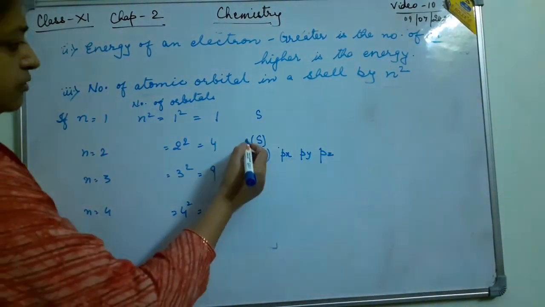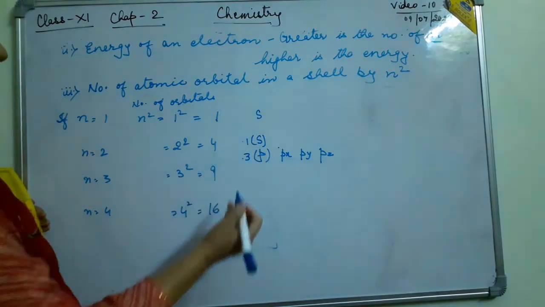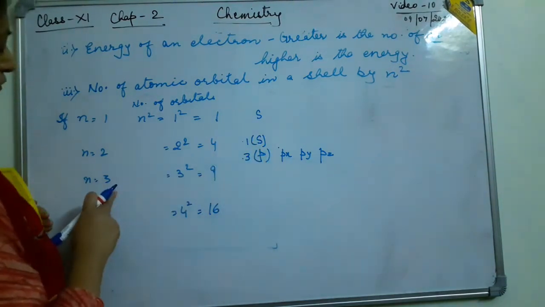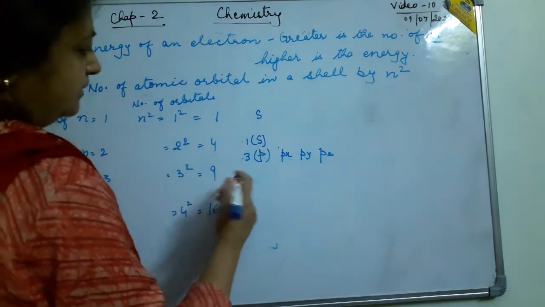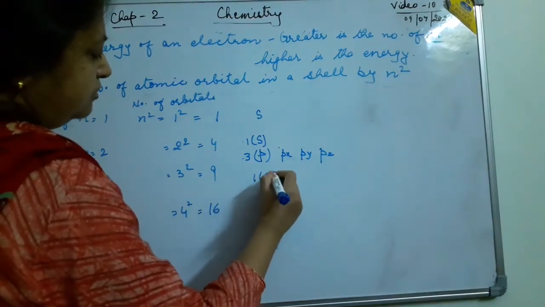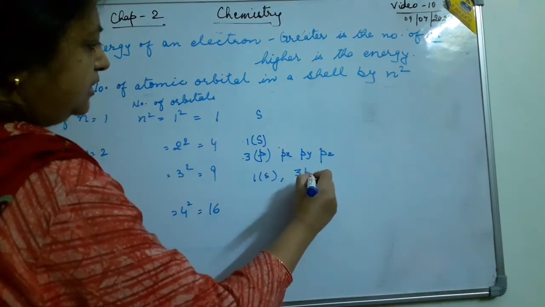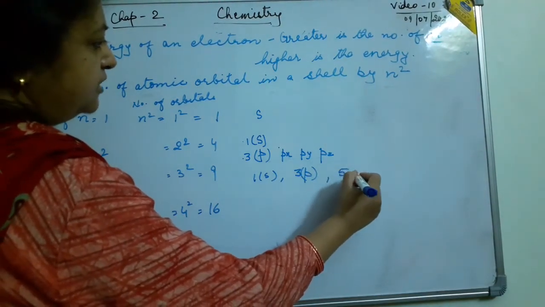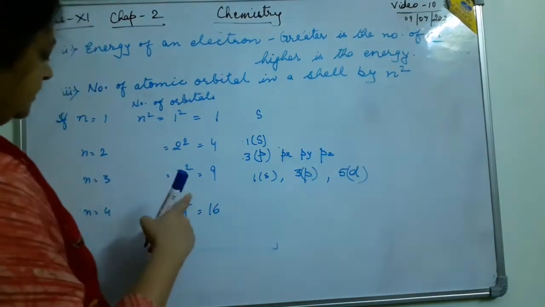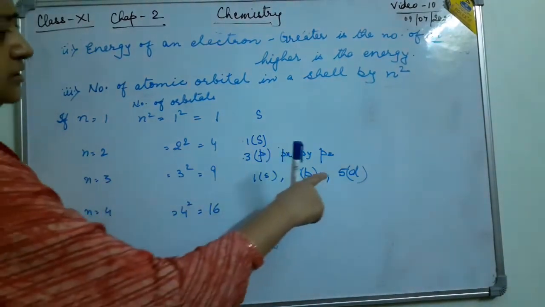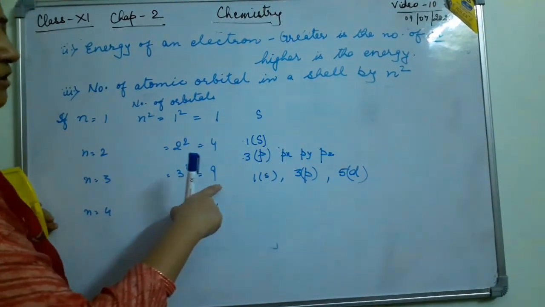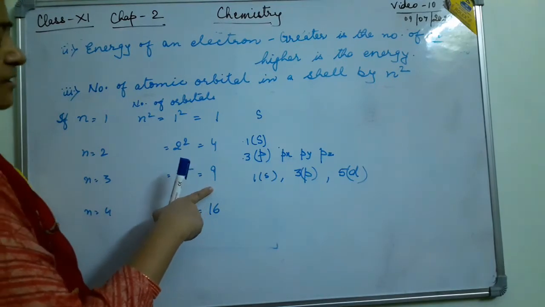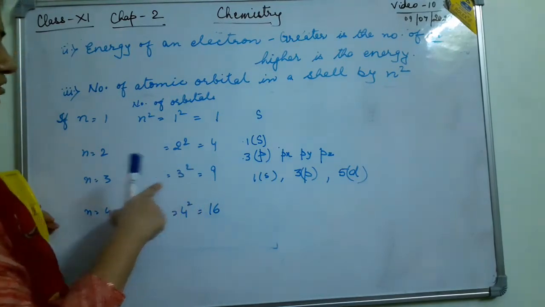So the total number of orbitals is 3 plus 1, 4. For the third shell, it is 9: 1 s orbital, 3 p orbitals and 5 d orbitals are present, that means 5 plus 3 plus 1 equals 9. There are 9 orbitals present in the third shell.